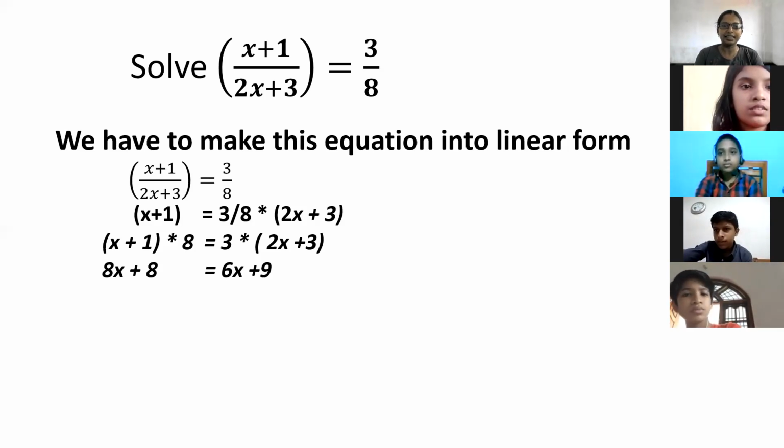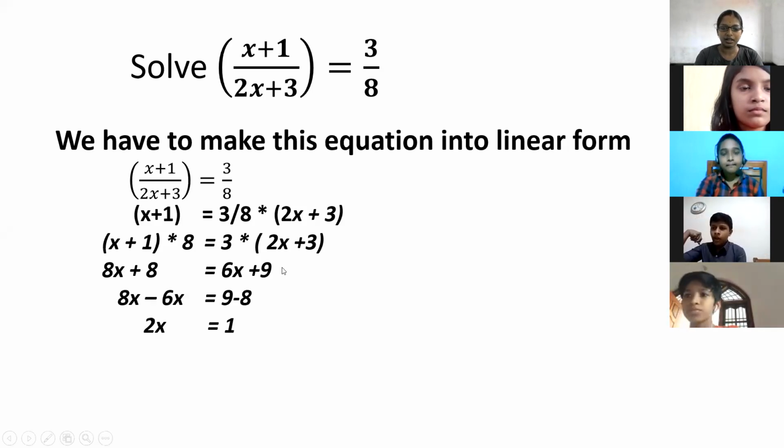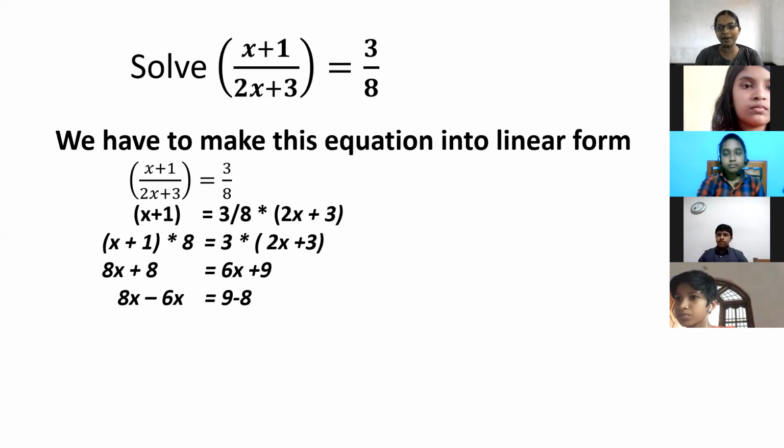Okay. Then there is an 8 also. That is 8x minus 6x is there, and we have an 8 in LHS, and similarly we have to move this plus 8 into RHS. Then it becomes minus 8.